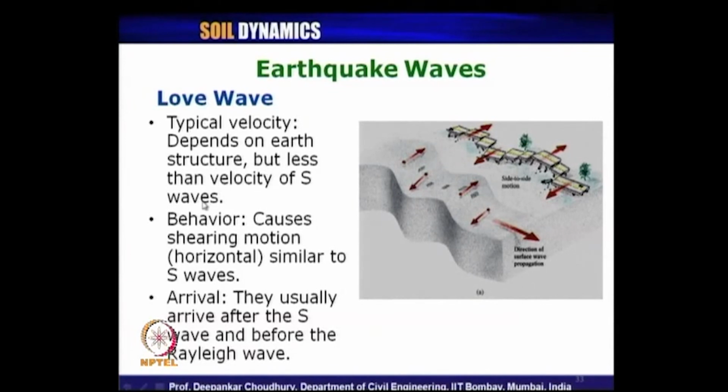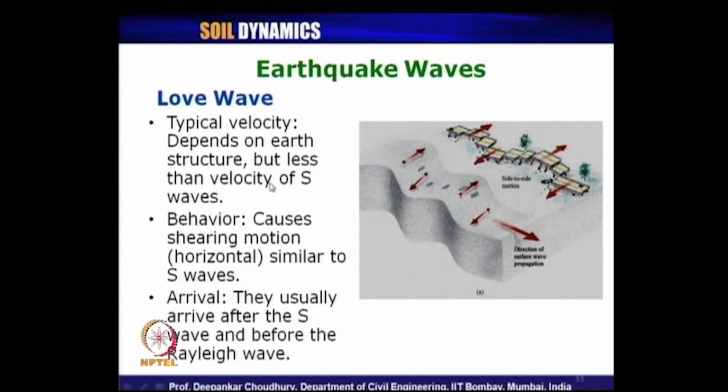And about love wave, its typical velocity depends on the earth structure, but obviously it is less than the velocity of S wave. So, the relationship between love wave and S wave also we have seen in the previous lecture, the equation for how to obtain the love wave velocity. And its behavior, it causes horizontal shearing motion similar to the S wave, that is when the wave propagates in this direction, it moves in this direction similar to the S wave, and it usually arrives after S wave because its velocity is less than shear wave.